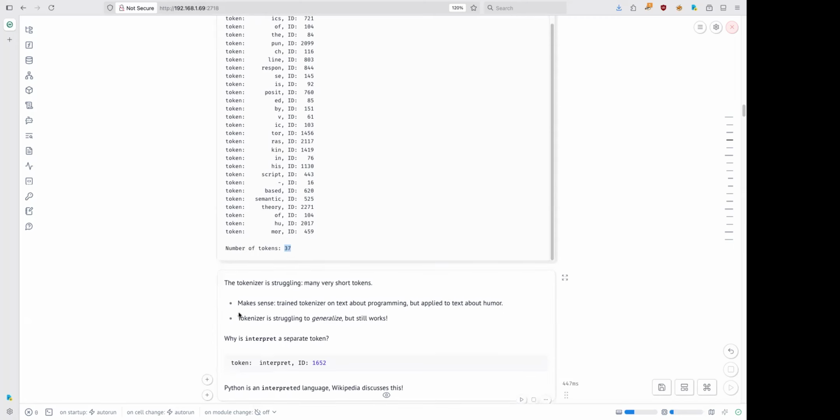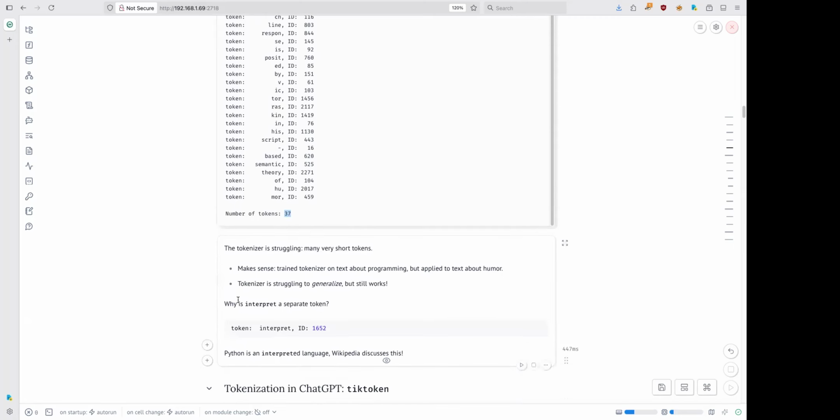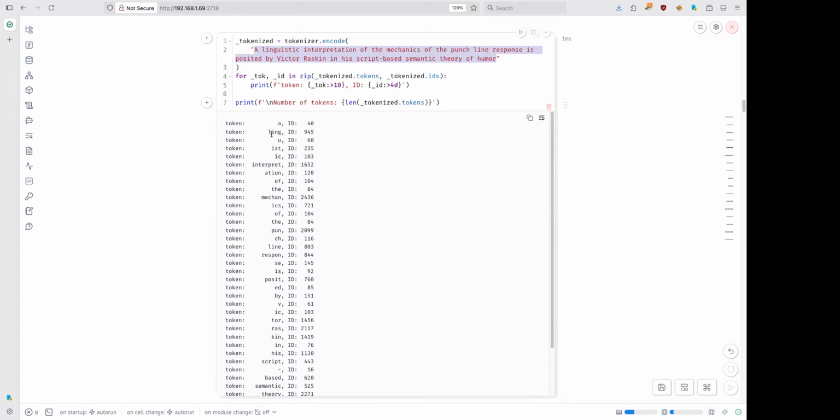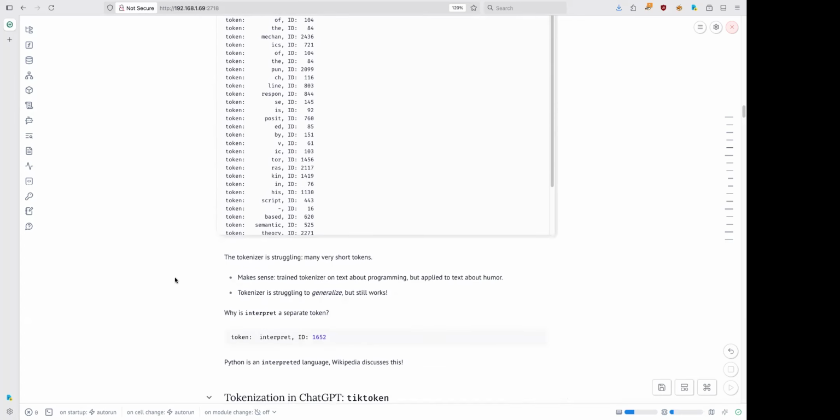But we are struggling here because we trained our tokenizer on the entry for Python, the programming language. So a text about programming, but here we applied it to a text about humor. The tokenizer is struggling to generalize. As we see here, it split linguistic into 4 tokens. But it still works.